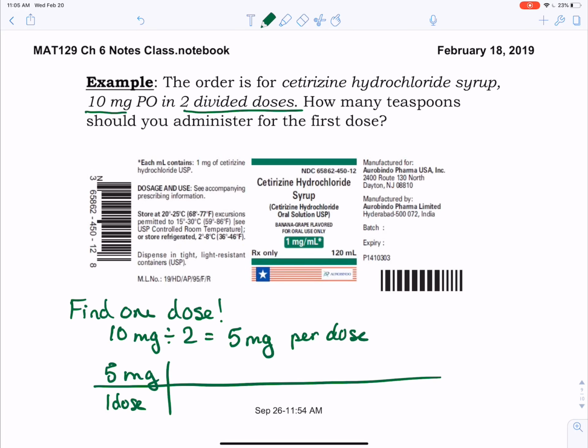Now they were asking for teaspoons. So this time I'm going from that solid form, milligrams, to that liquid, teaspoons. If I look at the drug label, they tell me there's 1 milligram per milliliter. So I can put 1 milligram in my denominator and 1 milliliter up top.